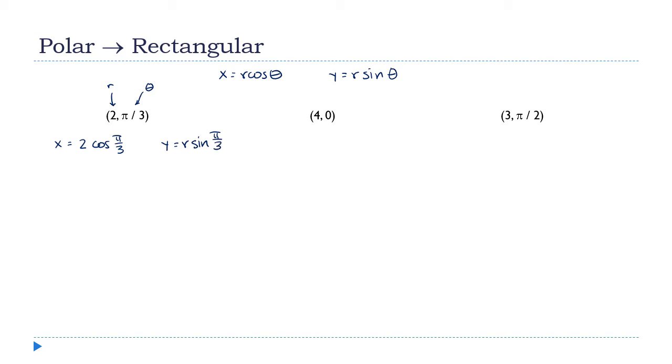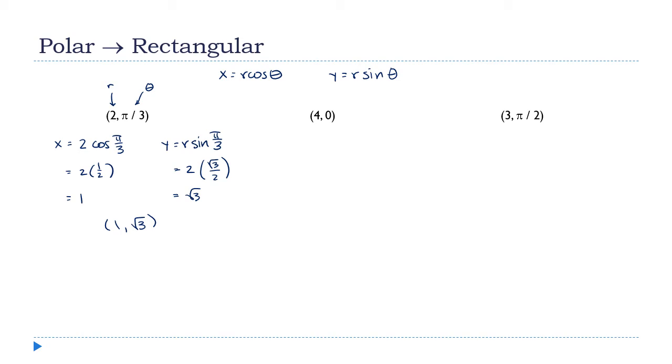Cosine pi over 3 is a half, so this is 2 times a half, which is 1. And over here, sine of pi over 3 is square root of 3 over 2, so 2 times that is the square root of 3. So there's my answer. This polar point is equivalent to the rectangular point 1, comma, square root of 3.